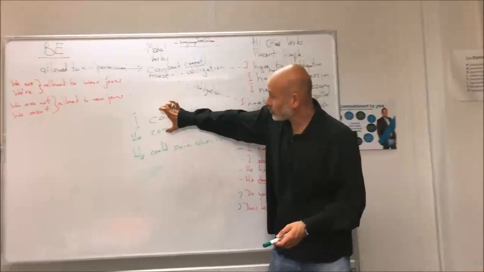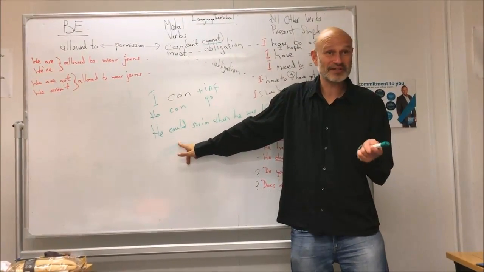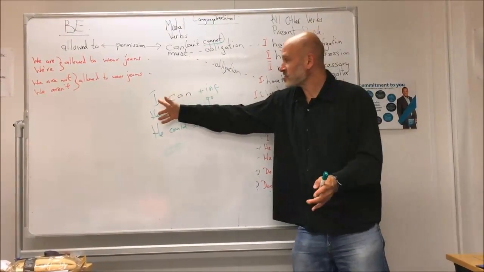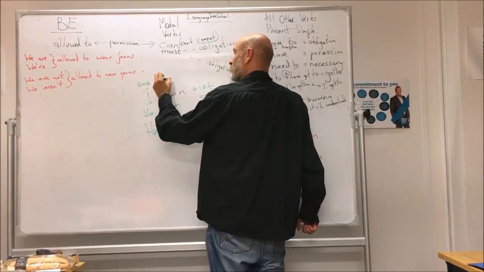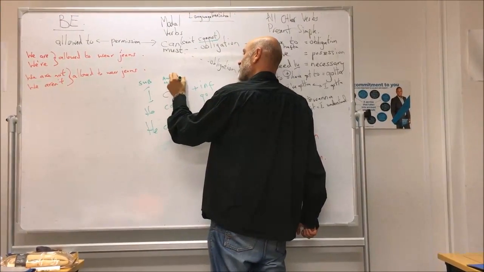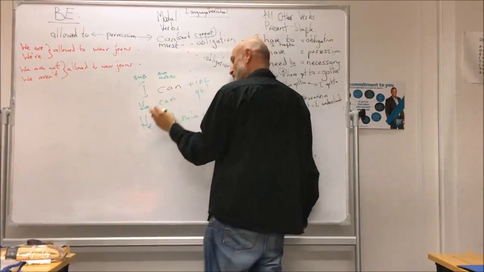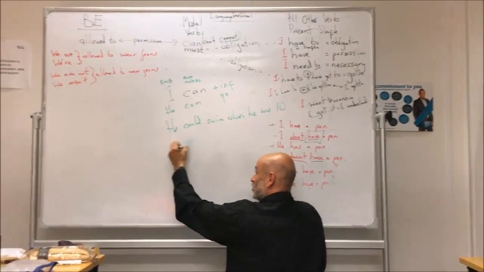So yeah, we were looking at can and can't, and can is the one that could be put into the past tense. But remember, this is the structure for all modal verbs: subject plus the auxiliary modal verb plus the infinitive. Okay, and it's exactly the same as a question.